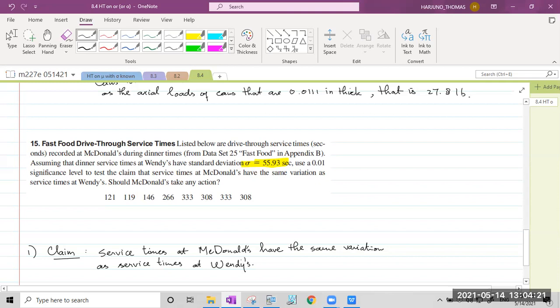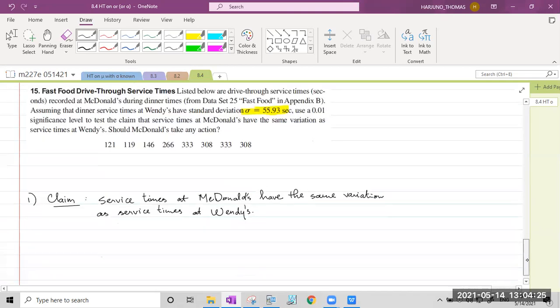Should McDonald's take action to reduce the variability?